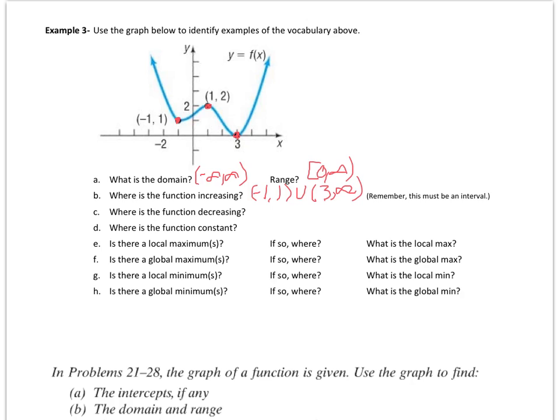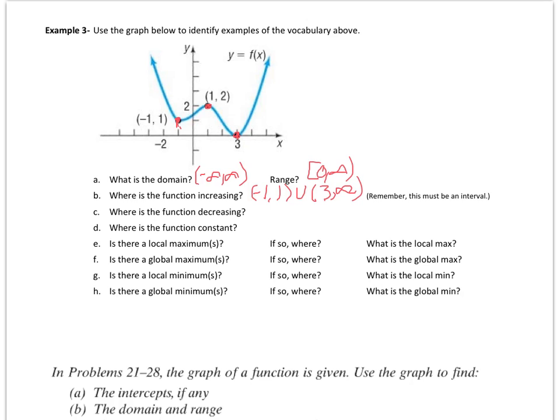Now notice when you're doing increasing and decreasing, the points are never included. Why is a specific point not included? Because it's not increasing at that point. This point at -1 here is a local minimum, so it's not increasing at that point, so we don't include it.